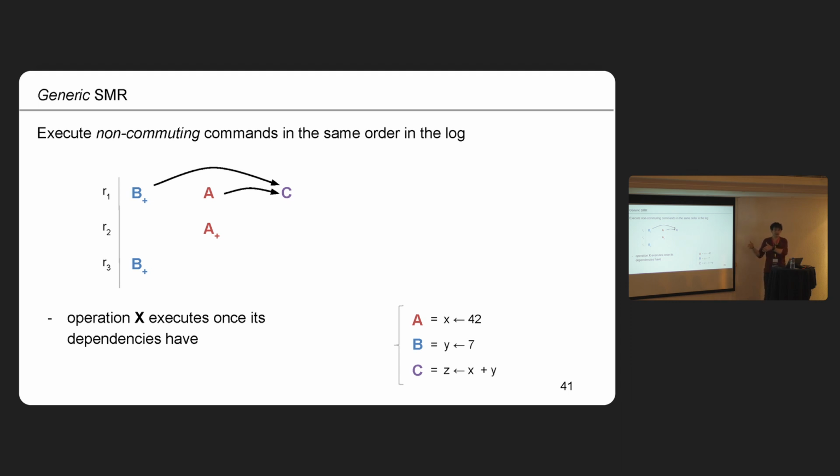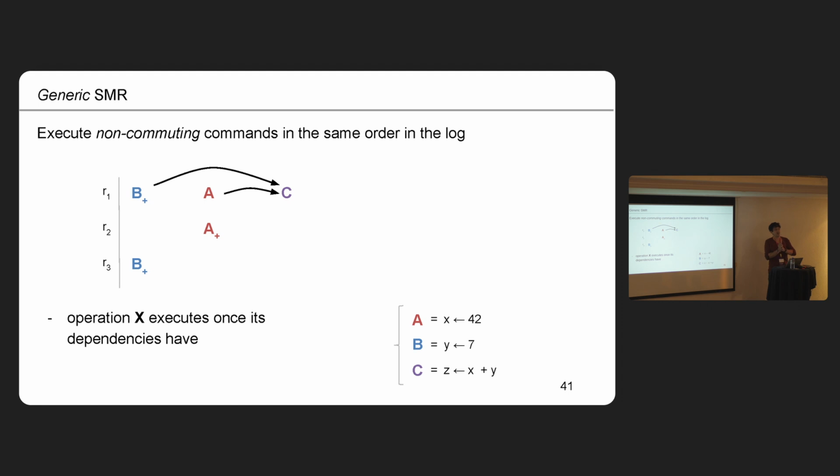You will end up with the same state at the end. But they have to be ordered with respect to command C, okay? Because the result will not be the same if you execute first command C and then A, or A then C. Okay, they are non-commuting in a mathematical sense. So we need to take care of that.